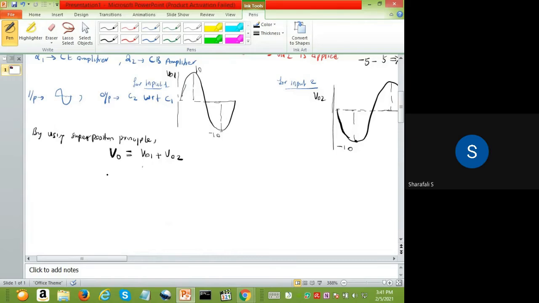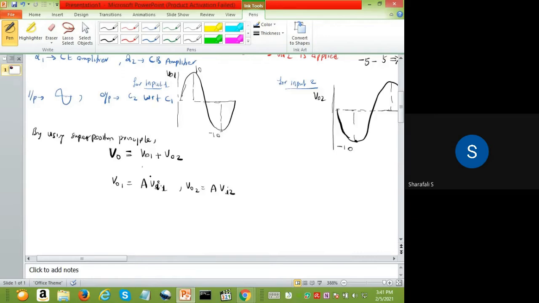So what is V01? V01 is A times VI1, and V02 is A times VI2, right? But VI2 is out of phase, or you can say this term is out of phase as compared to this one.